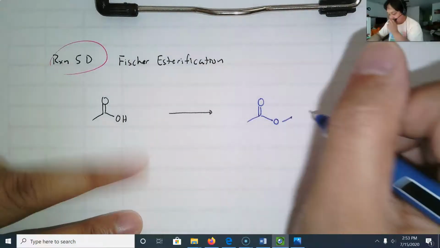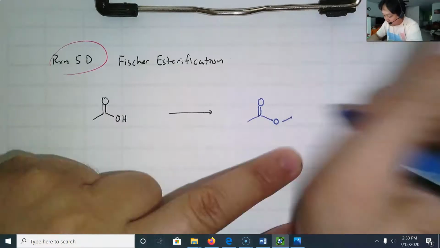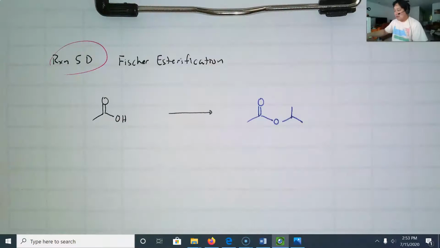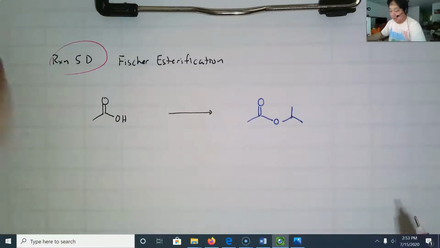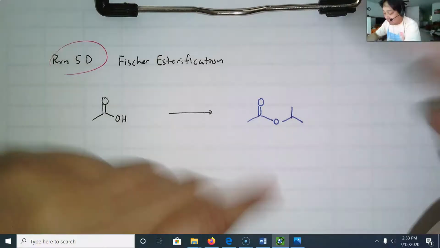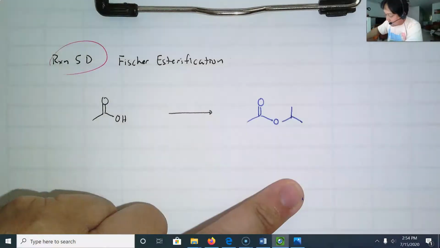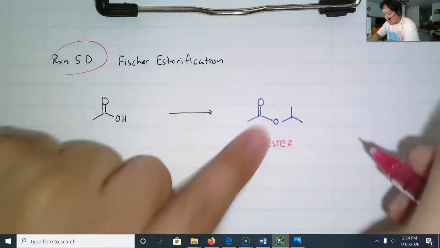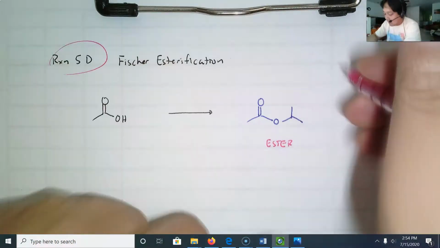And the alkoxy group that I will use, I'll use this one. Remember what we said about alkoxy groups when we talked about acetals? We said that the alkoxy group comes from an alcohol. And the same thing here. This is an ester. The alkoxy group of the ester comes from an alcohol.